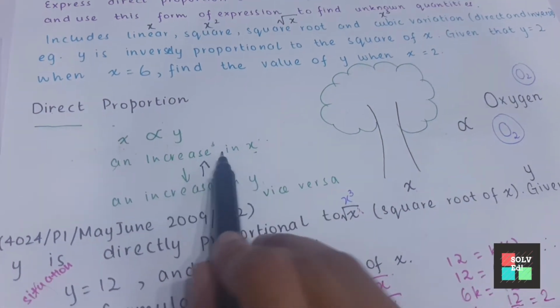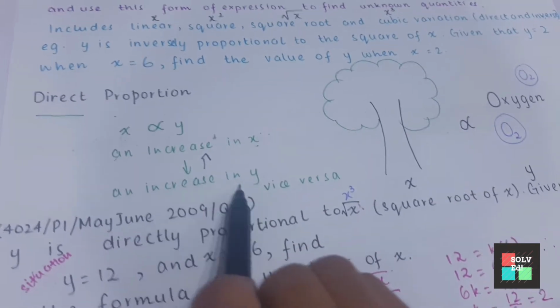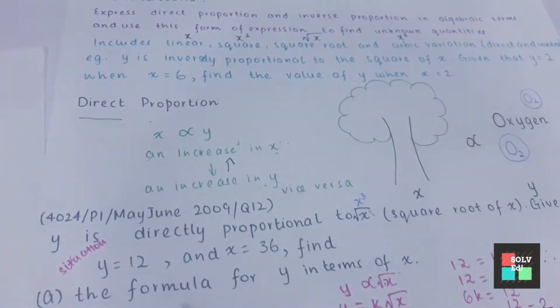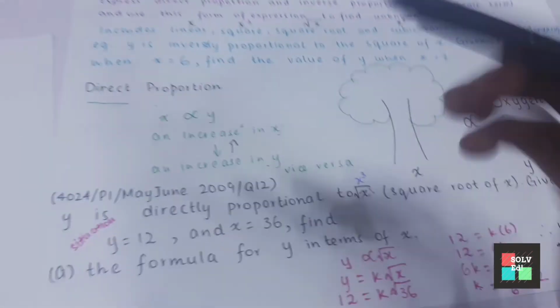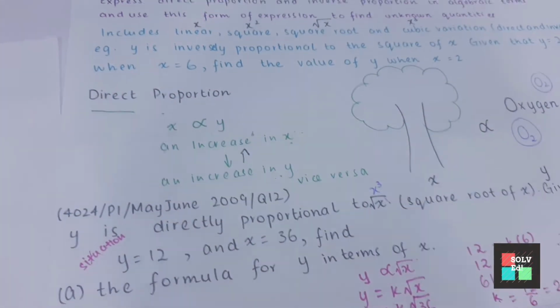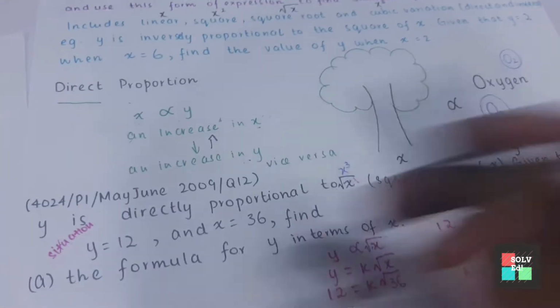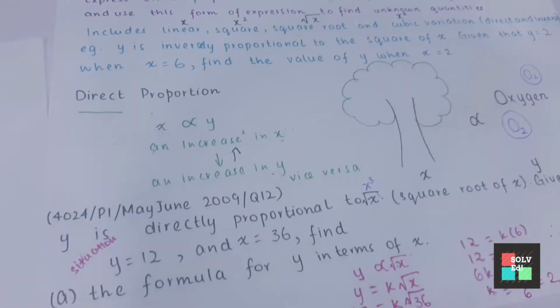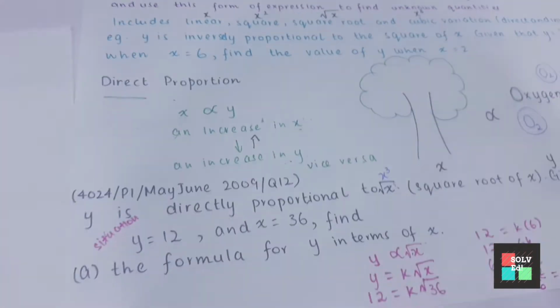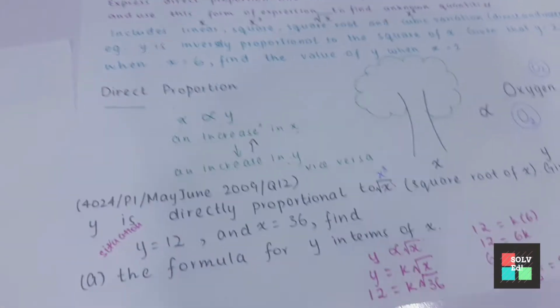An increase in x causes an increase in y, and if there is an increase in y, having assumed all the other changes in the environment are constant, an increase in y can be interpreted as an increase in x as well. So a decrease in x is going to cause a decrease in y, and a decrease in y can be interpreted as a decrease in x.